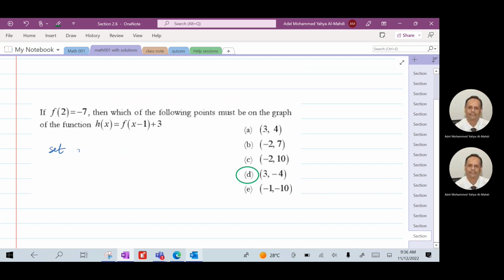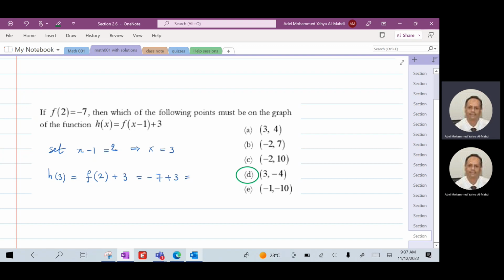We set x minus 1 to be 2, then x is equal to 3. Now h of 3 will be f at 2 plus 3. F at 2 is given in the question, minus 7, plus 3, it will be minus 4.